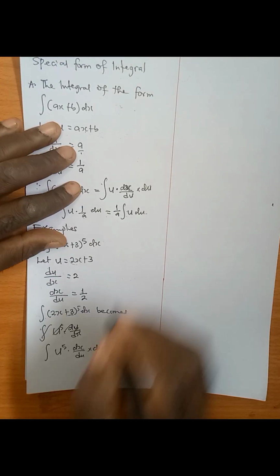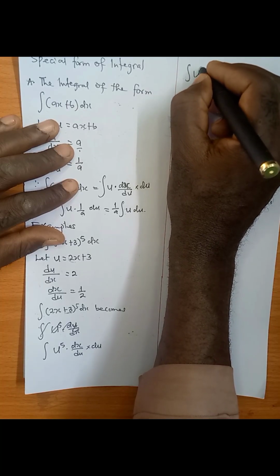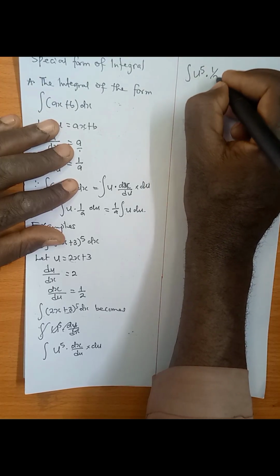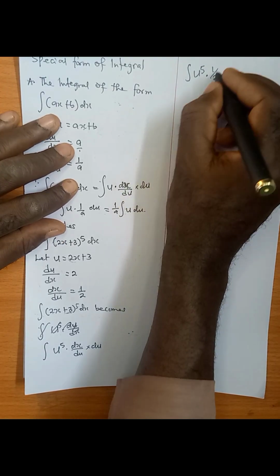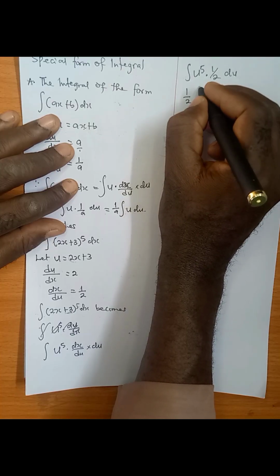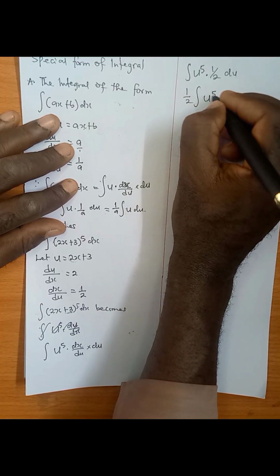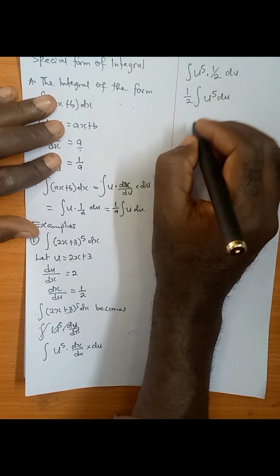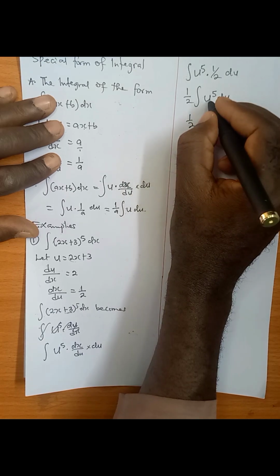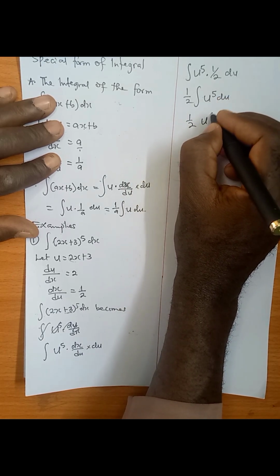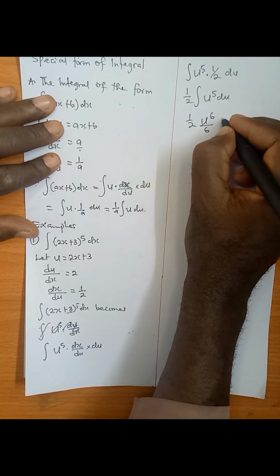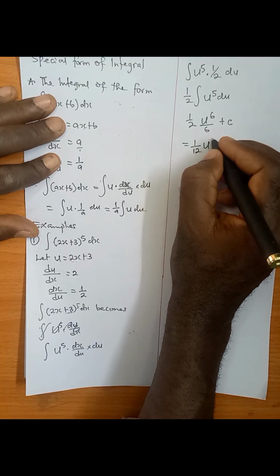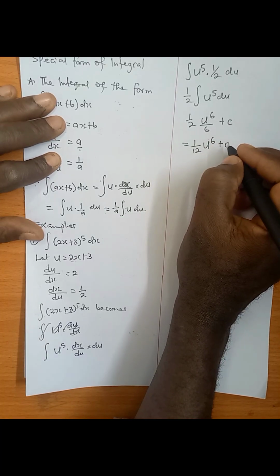Then from here, we have integral of u raised to power 5. dx/du is 1 over 2, du. Then when we remove this constant and bring it out, we have 1 over 2 integral of u raised to power 5 du. Now it's easy for us to integrate this one. This will be 1 over 2. When we integrate this one, this will be u raised to power 6 over 6 plus the constant of integration, and this will be 1 over 12 u raised to power 6 plus the constant of integration.